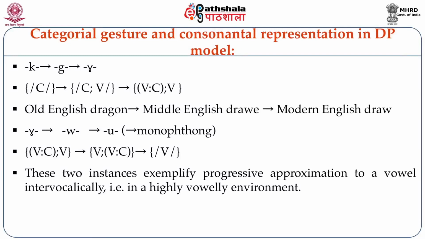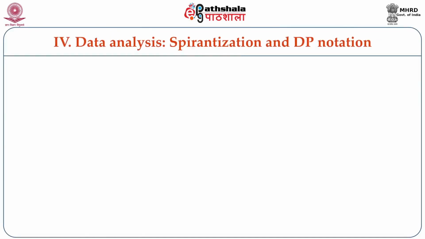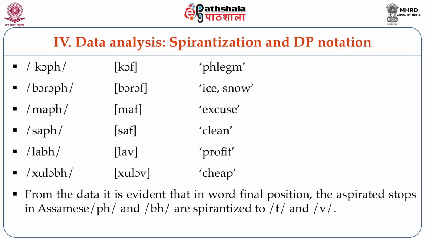These two examples exemplify the progressive approximation to a vowel intervocalically, in a highly vowel-like environment. In data analysis with this parenthesization and DP notation, the example here is from Assamese, where the aspirated stops turn into fricatives in the final position.